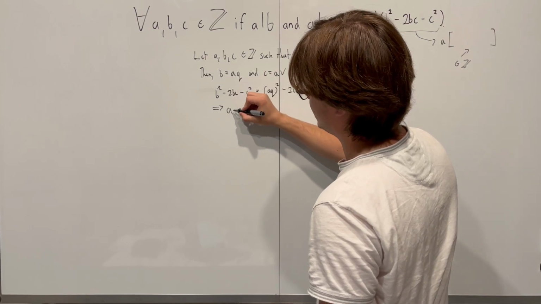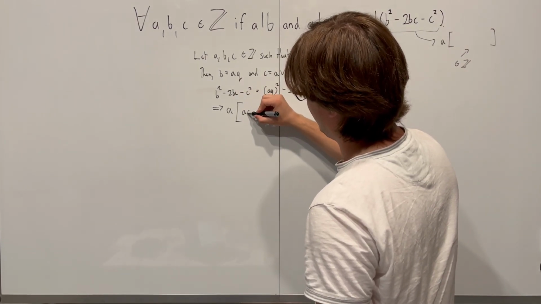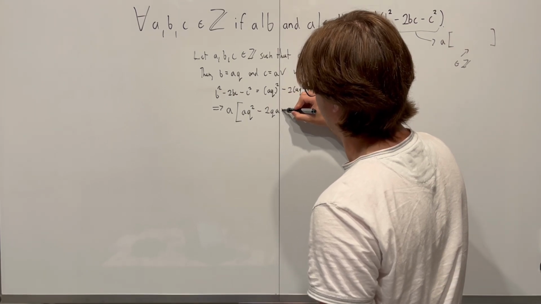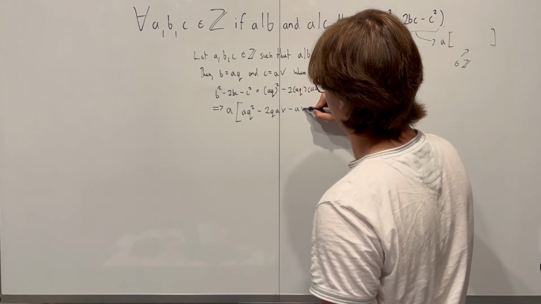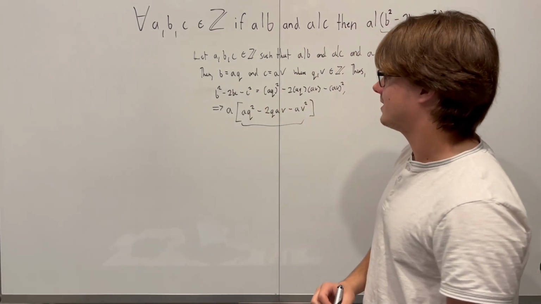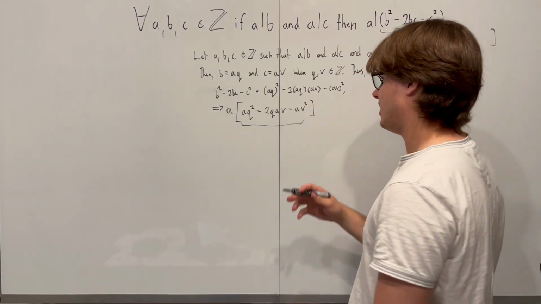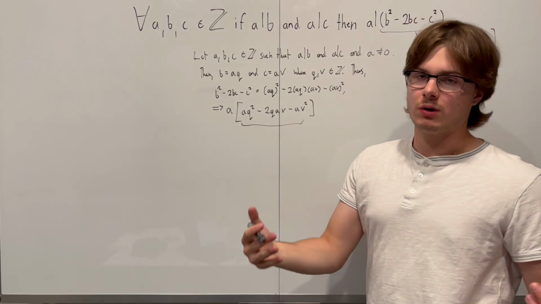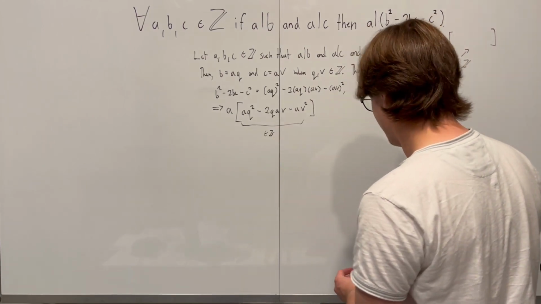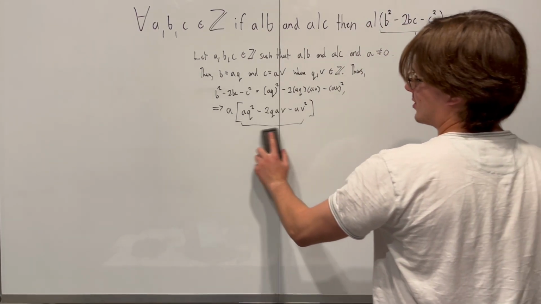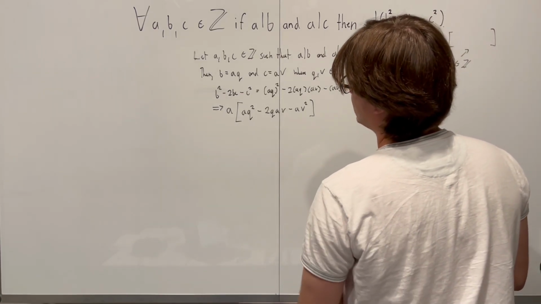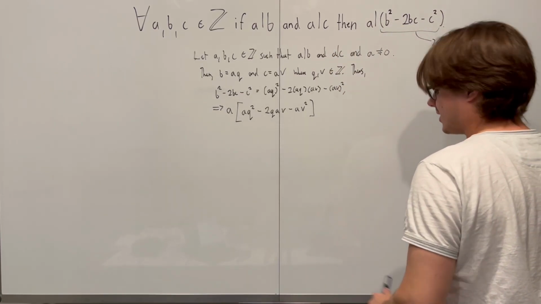So this is going to be the same as saying a multiplied by aq squared minus 2 times qav minus av squared. Fantastic. Notice that this is going to be an integer, most likely a negative integer, but we don't know that, so we're just going to say it's going to be an integer. My intuition just tells me it's probably going to be negative, but negative integers are still integers. Maybe there's an example where it's not, where q maybe is really, really large, but besides the point.